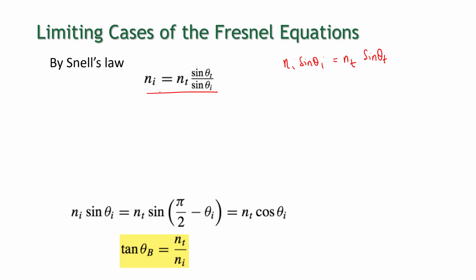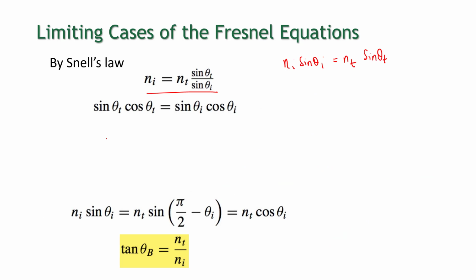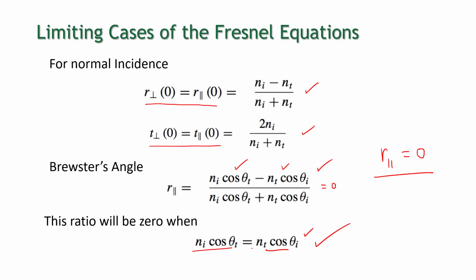Now if I use this in this equation, I get this equation. Okay, so I'm substituting this and this expression. So let's see, Ni cosine theta t equal to Nt cosine theta i. Okay, let me do that.